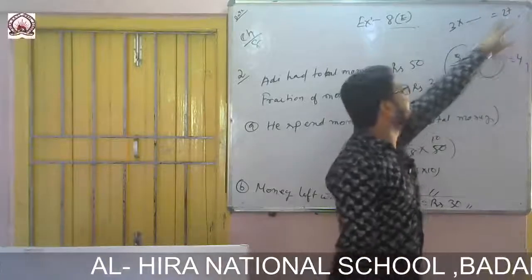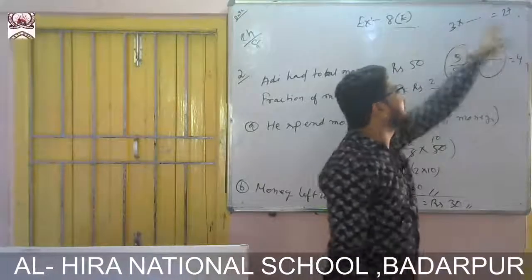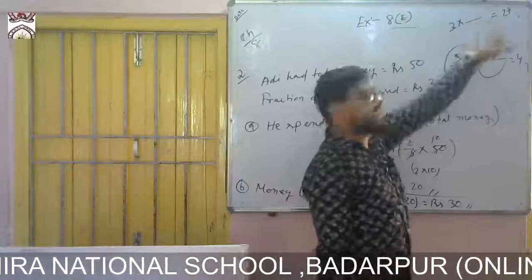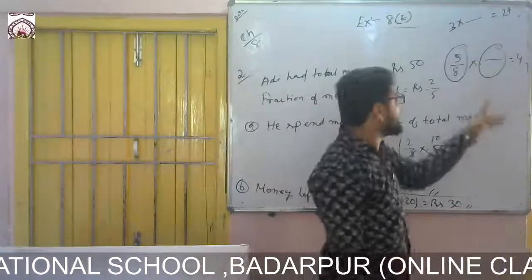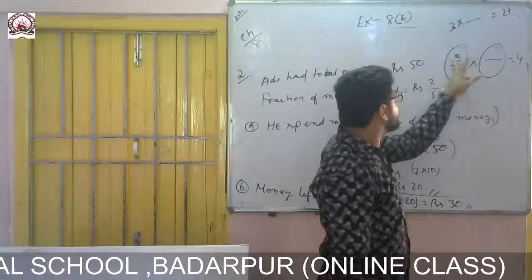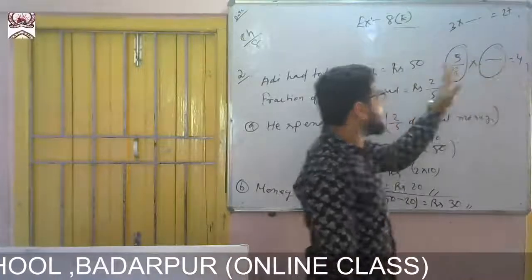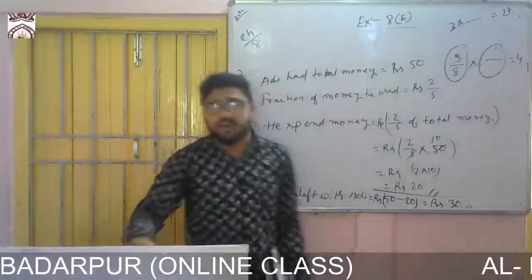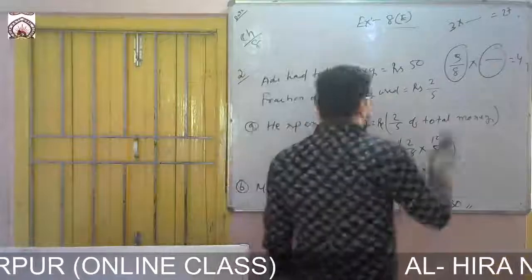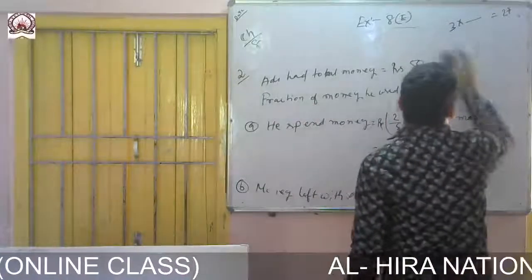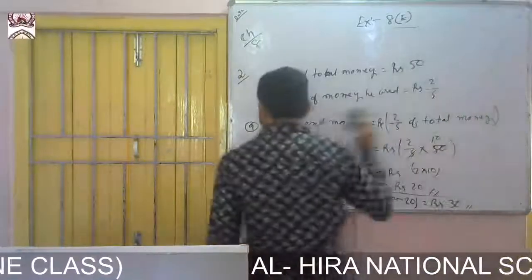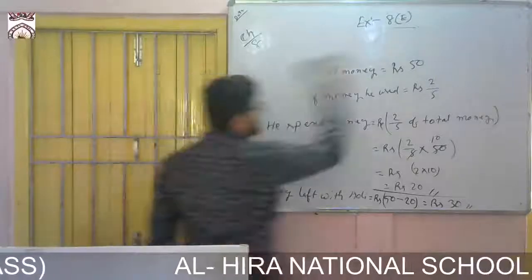If I divide 27 by 3, I will get 9, since 3 9s are 27. That means division. If you divide 4 by 3/8, then I'll get the answer. So see. So come to 3.